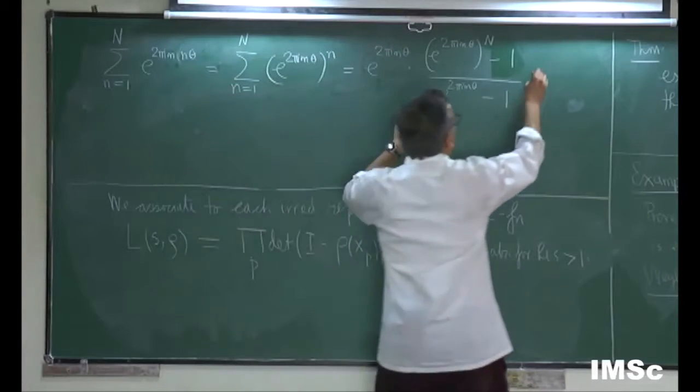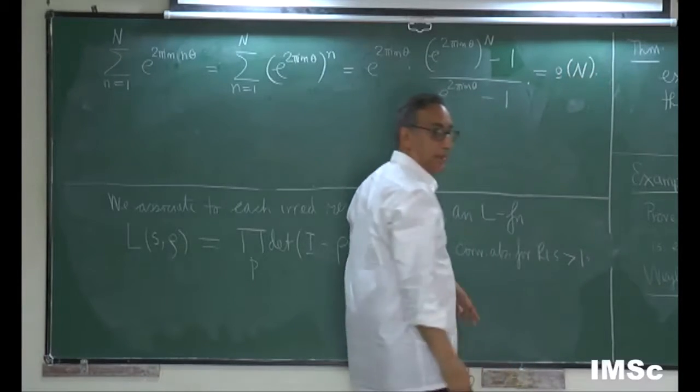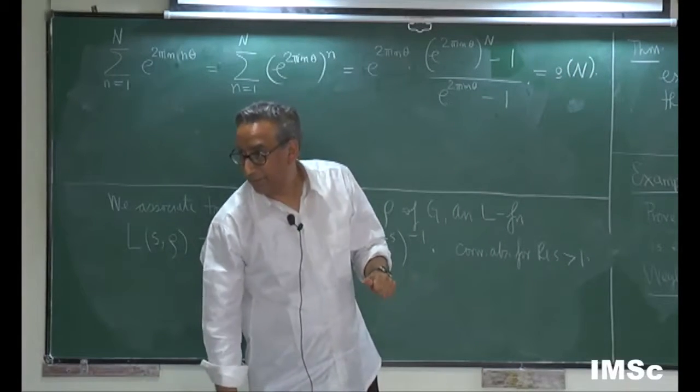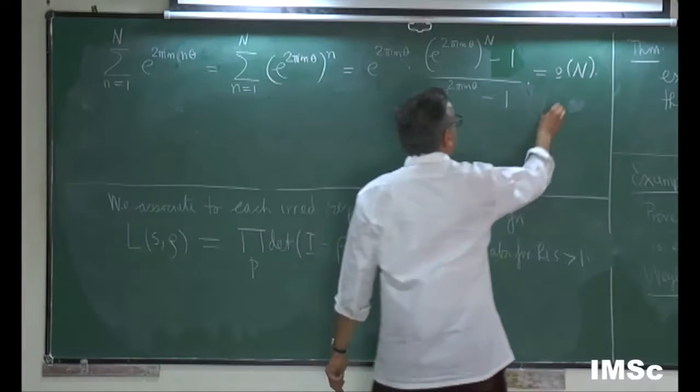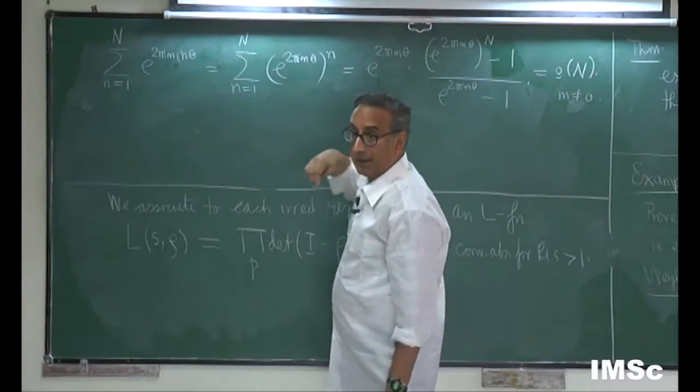This is equal to little o of capital N for any m not 0, and so it satisfies Weyl's criterion.